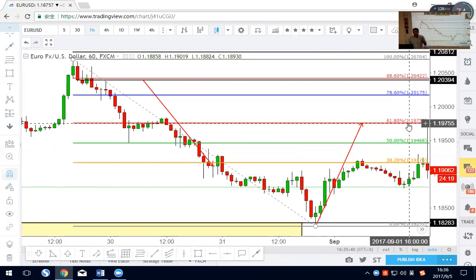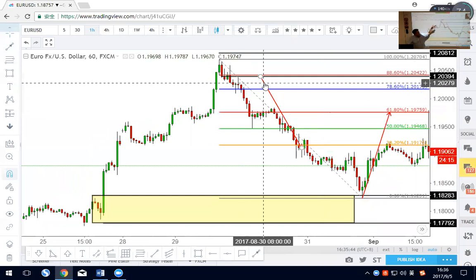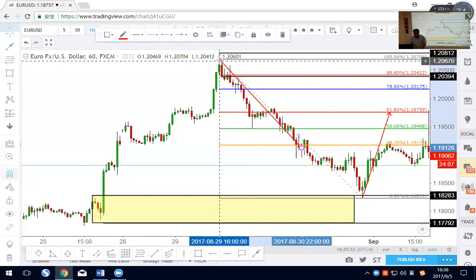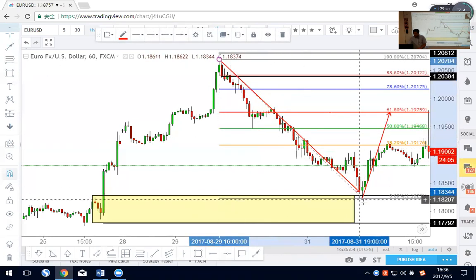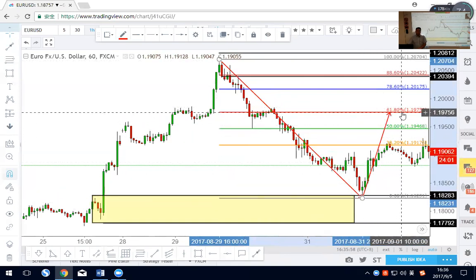And that is the beauty of how you apply Fibonacci and our trading strategy to find your ways to trade. So we see the euro drop from here to here, and the price pulls back to 0.618. Do you want to short it again? Can we short it again?